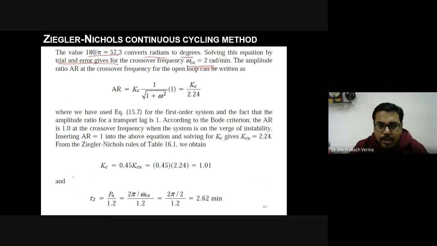So at 2 radian per second you can see the crossover frequency will match.